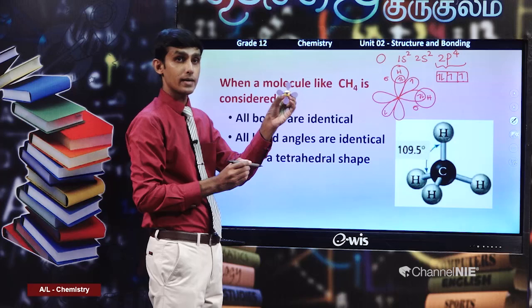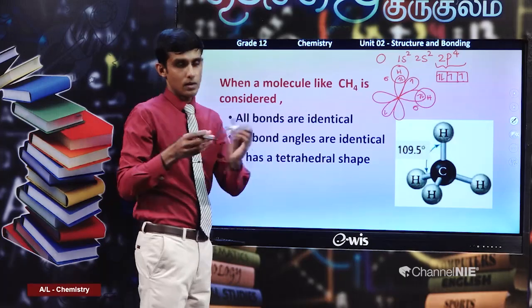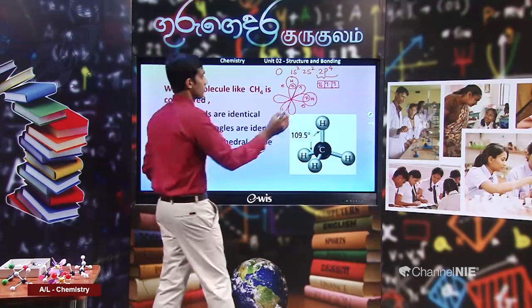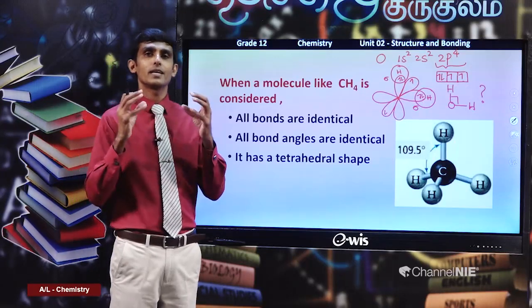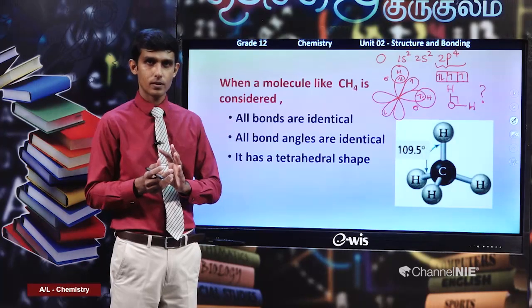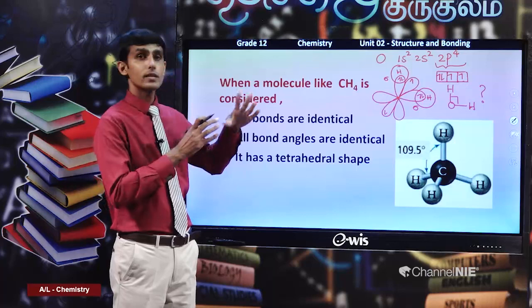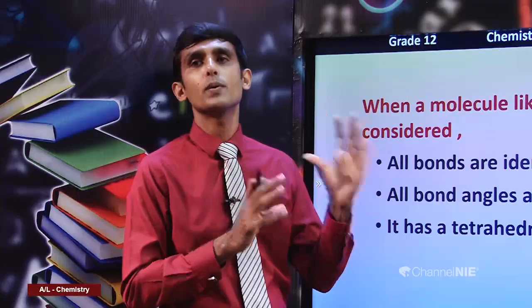But the experimentally measured bond angle of the water molecule is about 104.5 degrees. That is completely different from the angle predicted here. That means the valence bond theory cannot explain this.